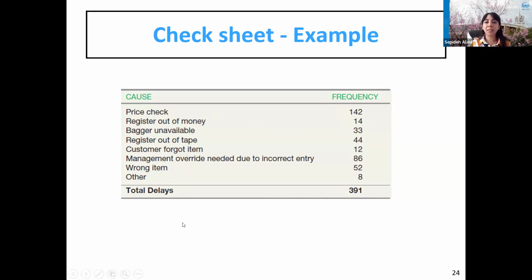So there are different possible causes. And with this check sheet, we can see which cause is the major one. So here, the major cause is the price check. So instead of complaining about the customer, why they forget their items, it's better to really focus on creating a more comprehensive and accurate price list, and also training the clerk on basically learning how to do those price checks and do the process of checkout for the customers.